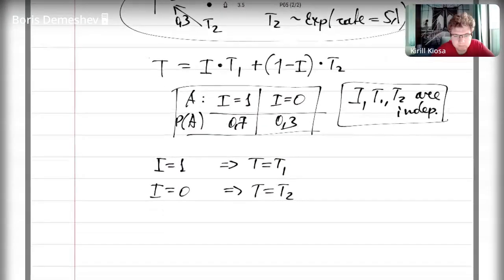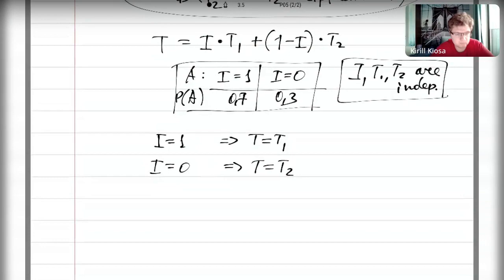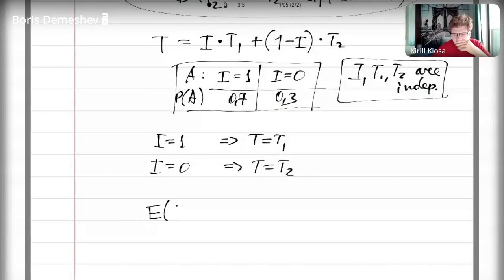This random variable I is very simple: it takes only values 0 and 1, and it's a nice way to write the random selection with a formula instead of text. Okay, what is the question? I haven't stated the question yet. Find the expected value of T.